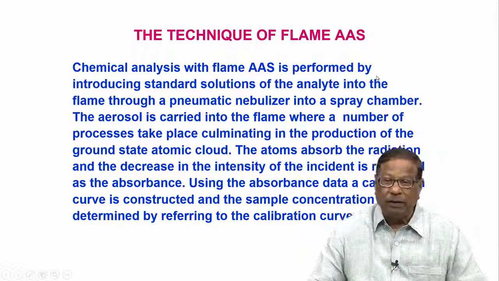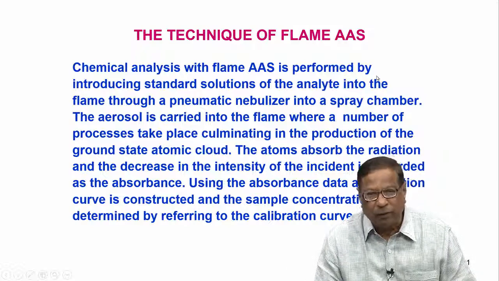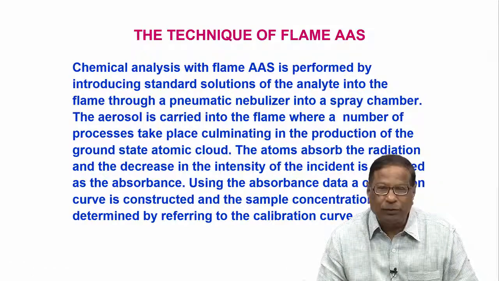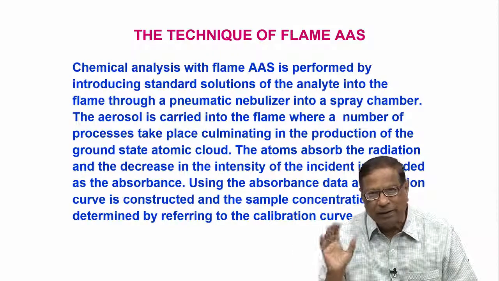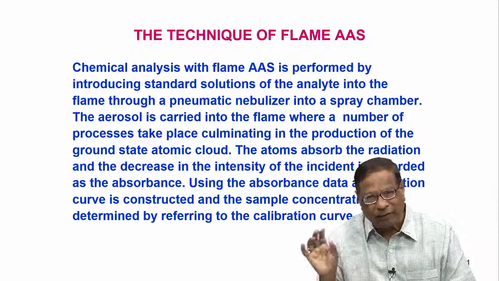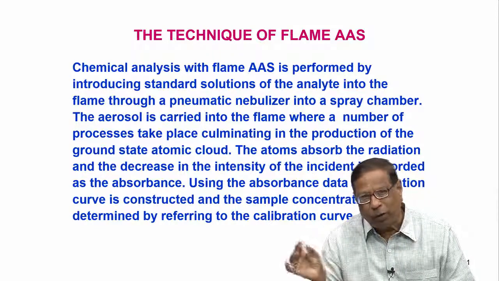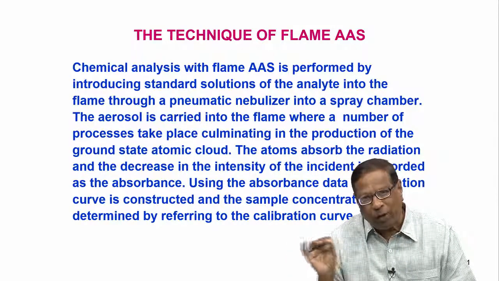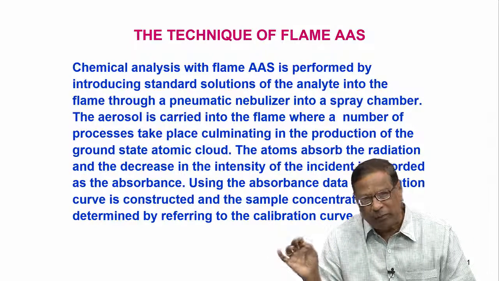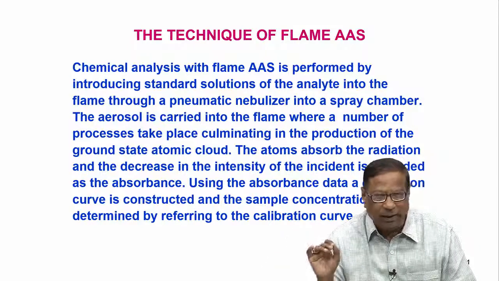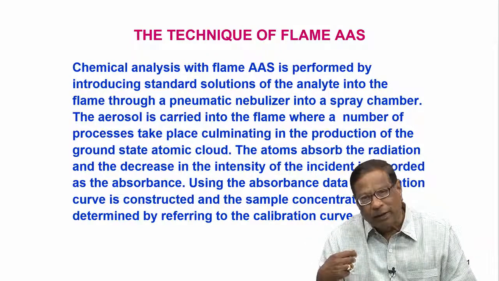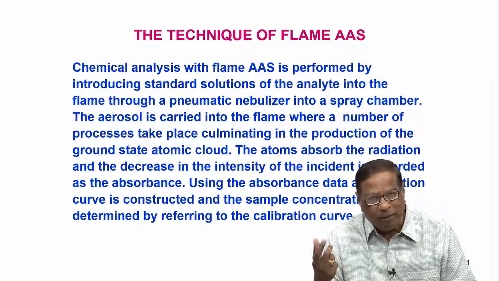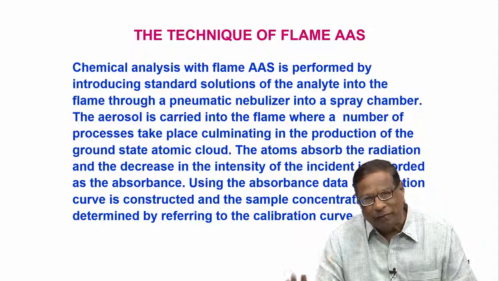Just like any other spectrometric technique, you have to switch on the instrument and then prepare your standards. If you want to determine copper, you prepare copper standards of 1 to 5 ppm: 1 ppm, 2 ppm, 3 ppm, 5 ppm, etc. Then insert the sample into the flame and record the absorbance.